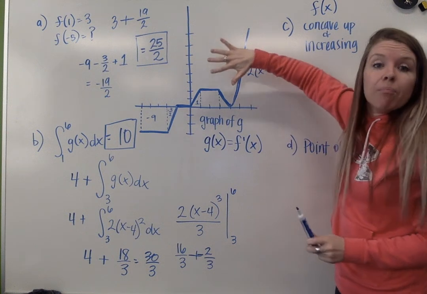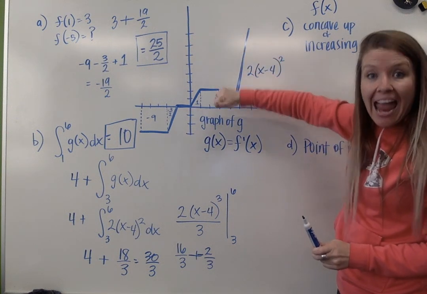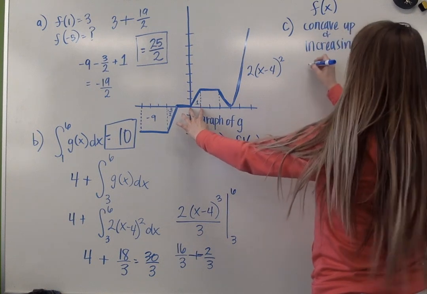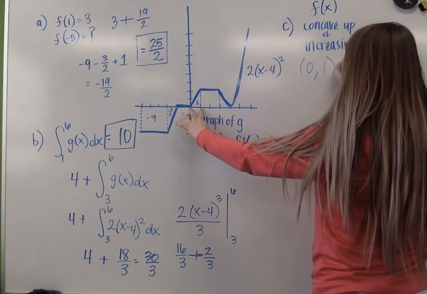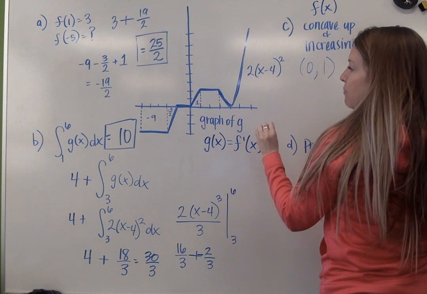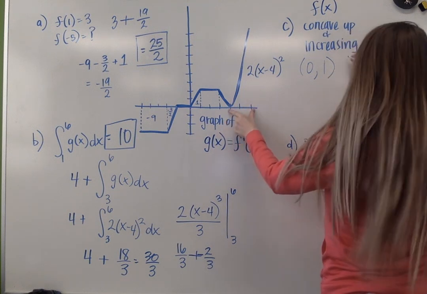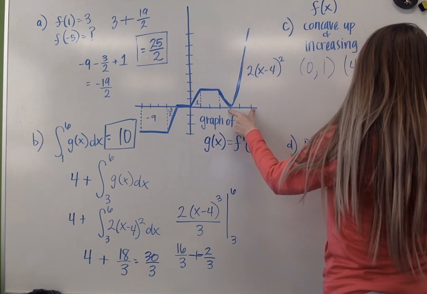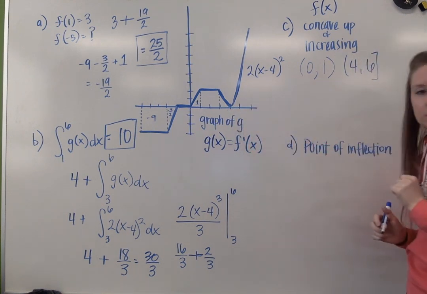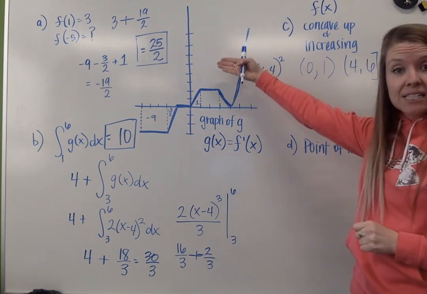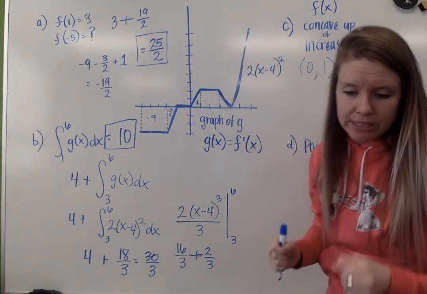So where are we above the x-axis and increasing? That's going to happen here from 0 to 1, and then from 4 to 6. This is where we're above the x-axis and increasing.